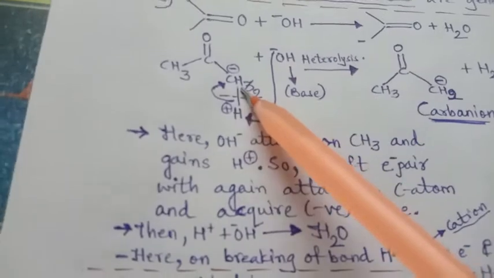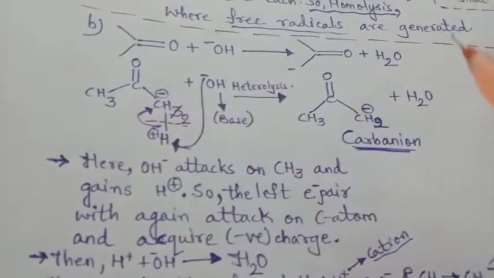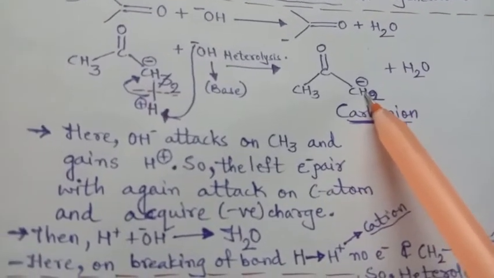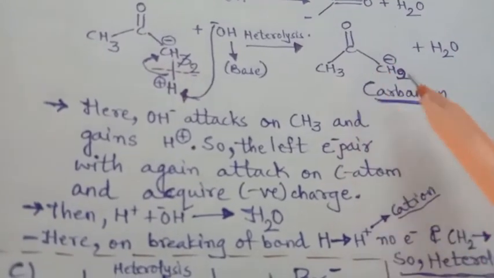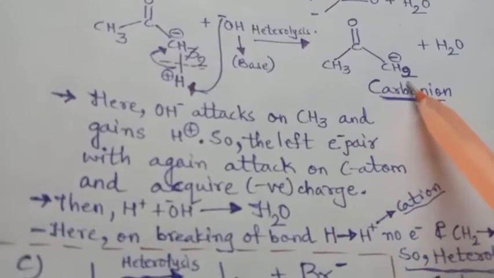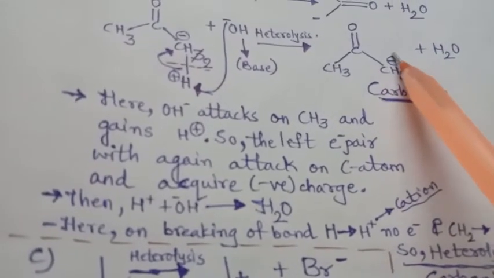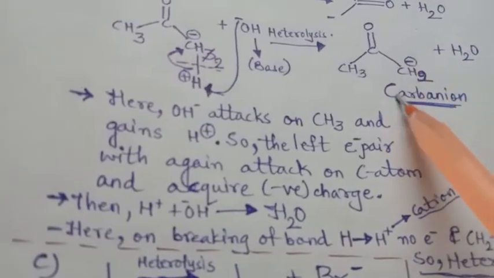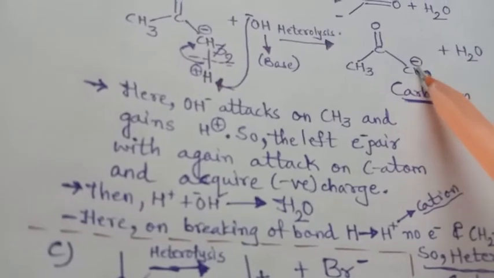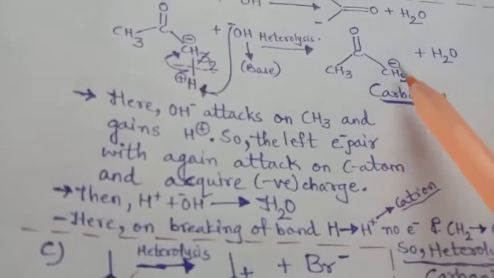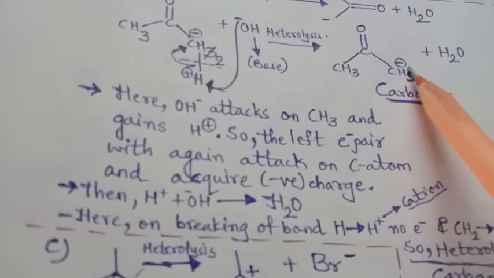And this CH2 will be with the negative charge, which is shown over here. Right? So what is here now? This carbon has one bond here, two bonds with the two hydrogens, and it now has one anion with it. So it has 1, 2, 3, 4, 5, 6 and this pair, so 8 electrons. But it is not yet paired. So it is shown as carbanion.